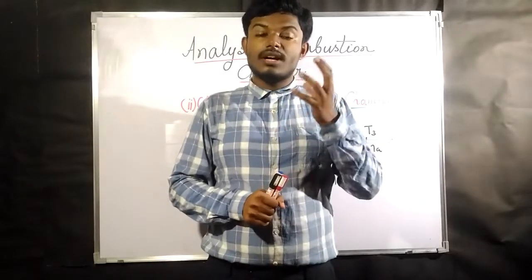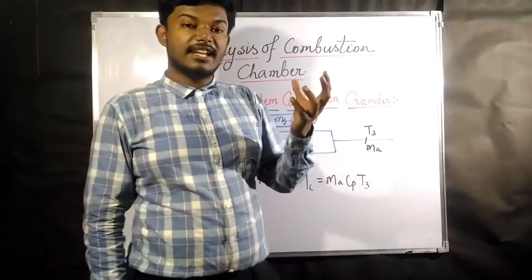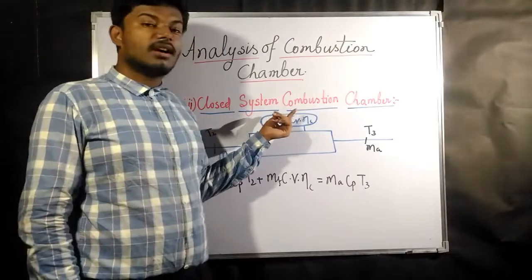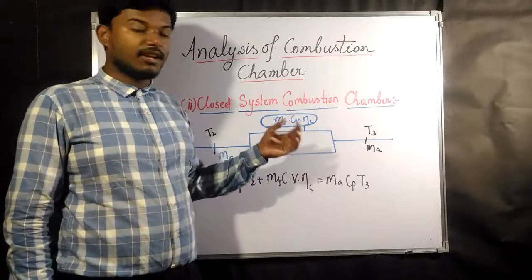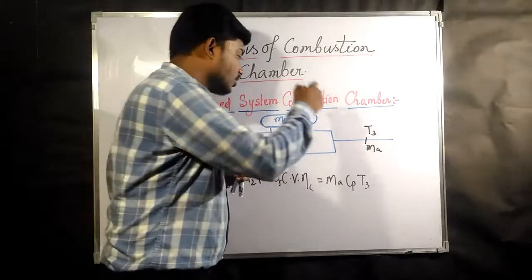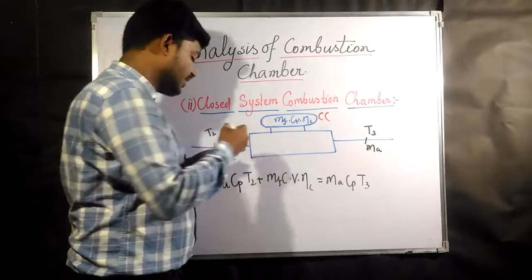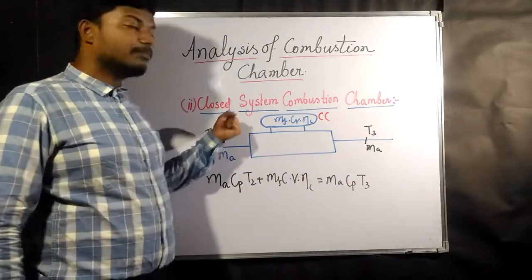How does the heat addition take place? The heat addition takes place by combusting the fuel outside, in the heat exchanger. The combustion chamber is outside the system, and only the heat comes in to heat up the compressed air.